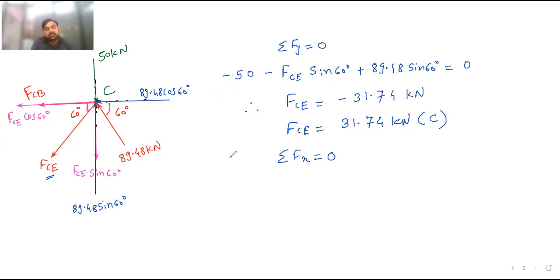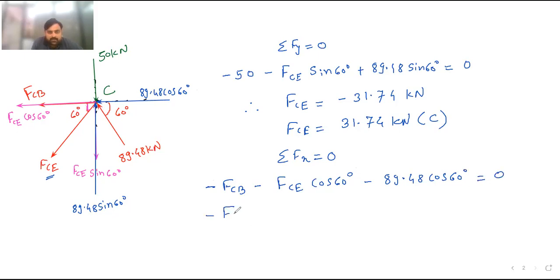Now if I apply summation Fx equal to 0, what will I get? Minus FCB, minus FCE cos 60, again minus because it is moving towards the left, minus 89.48 cos of 60 is equal to 0. This is my equation.